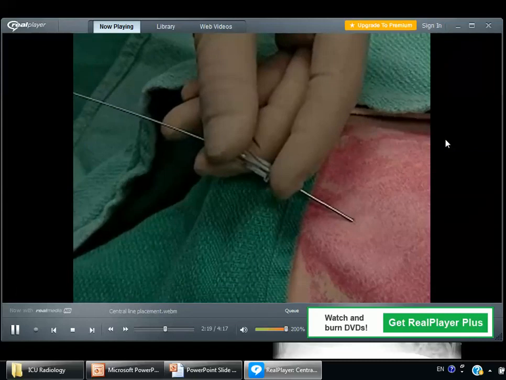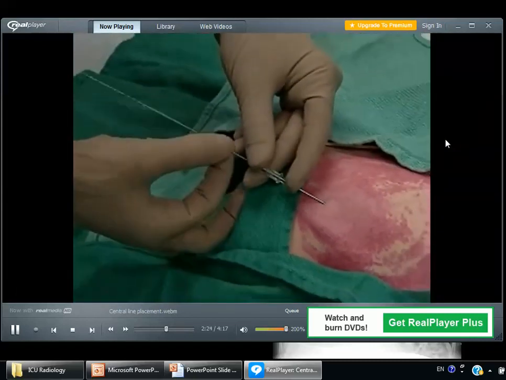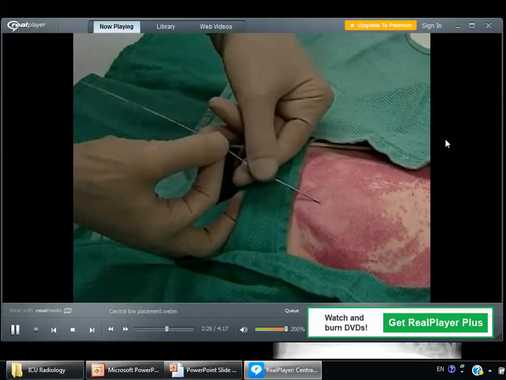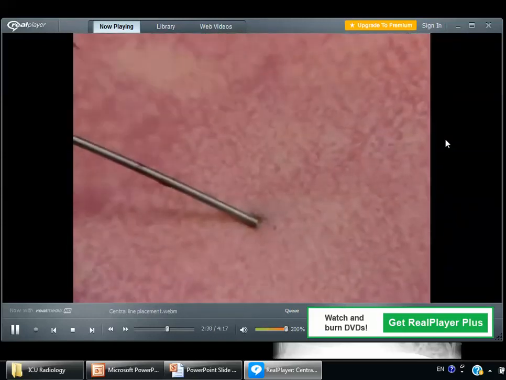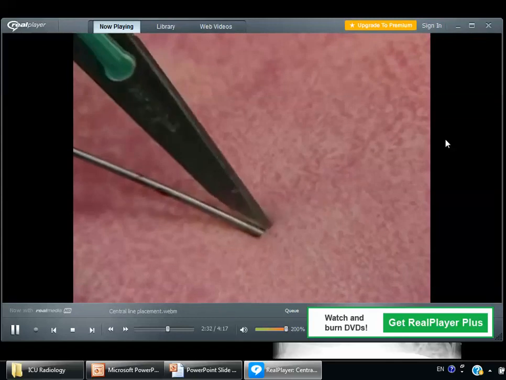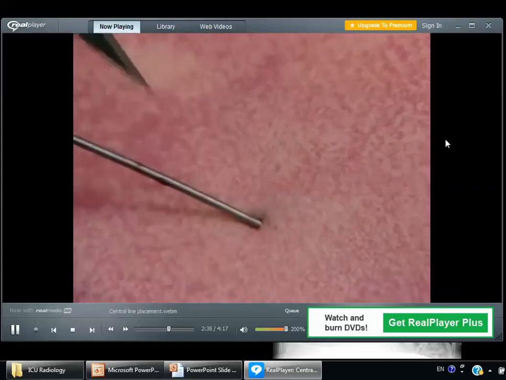You see the wire exposed. Hold the wire as you carefully remove the needle. And at this point, we'll take the 11 blade with the sharp edge up to make a small incision where the wire enters the skin. This will facilitate the passage of the catheter.